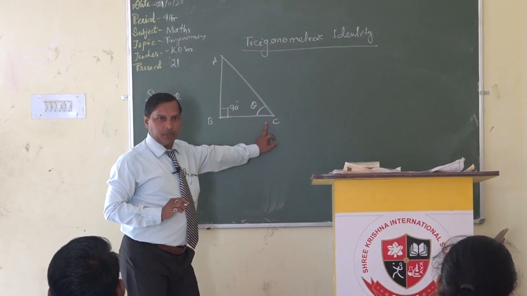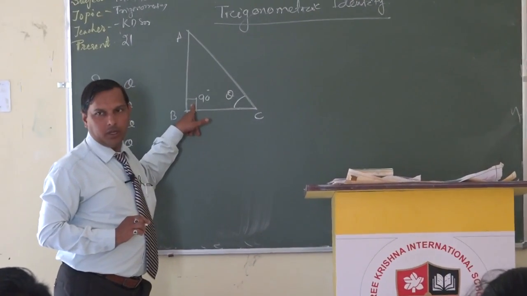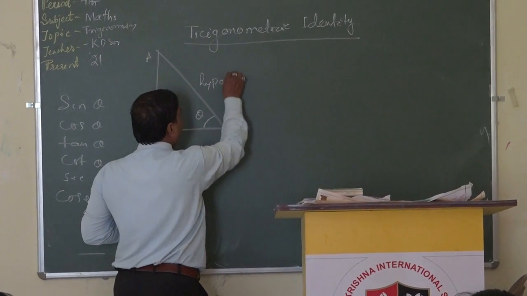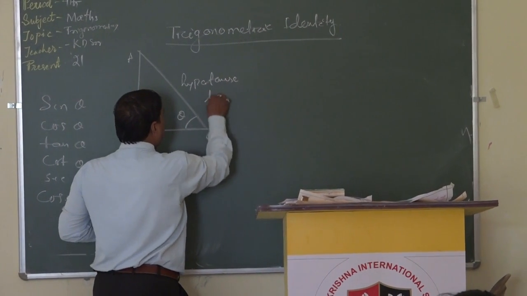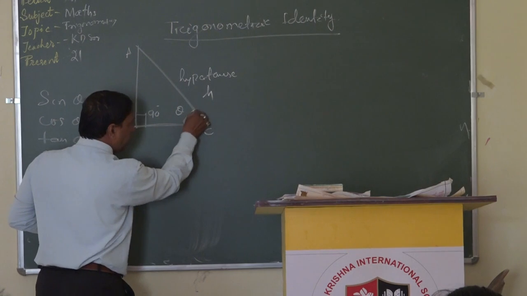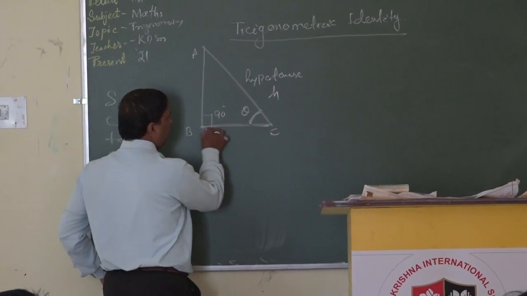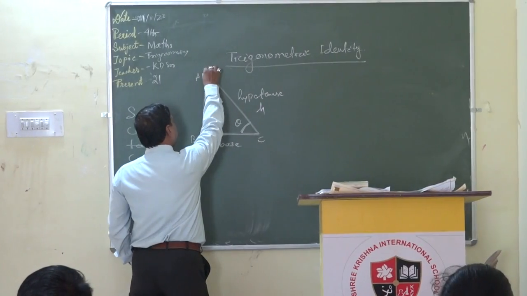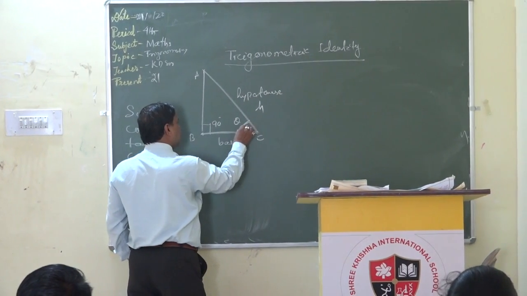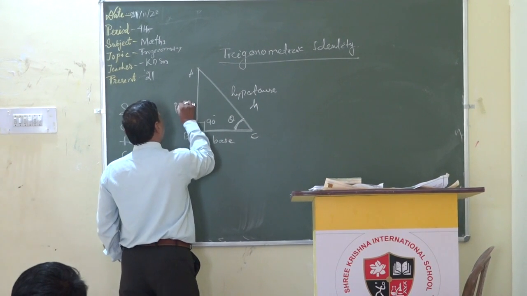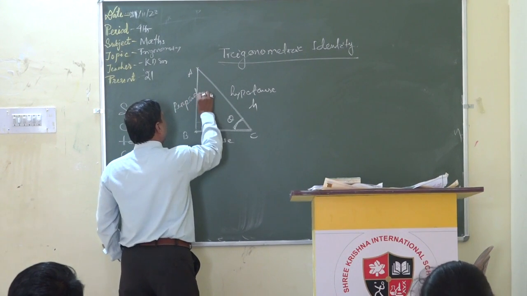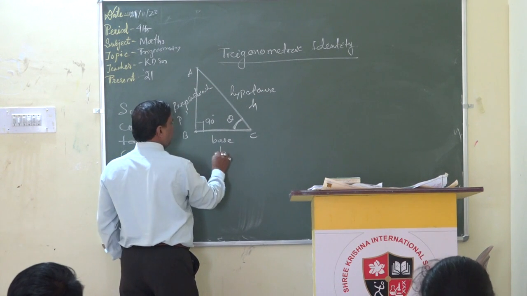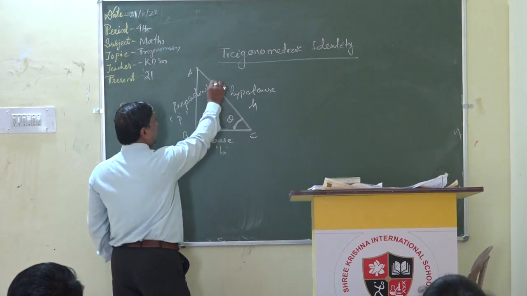As you know, the hypotenuse is the side opposite the right angle, so it is the hypotenuse, that is H. And if we consider this angle, the adjacent side of this angle is the base and the opposite side of the angle involved is the perpendicular. So we can say small p is the perpendicular, base is B and hypotenuse is H.